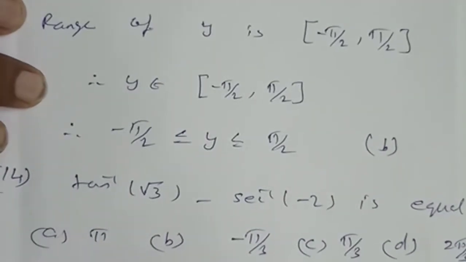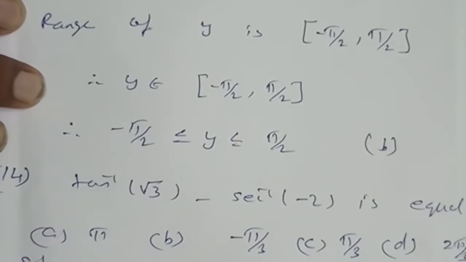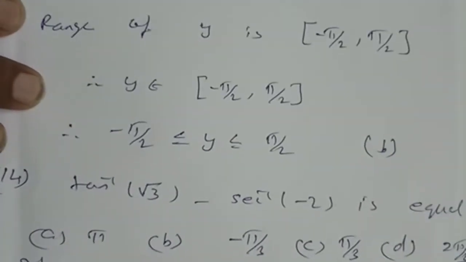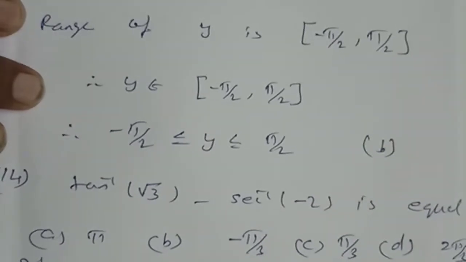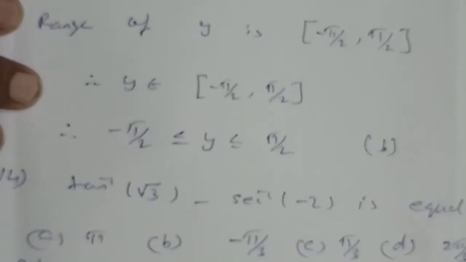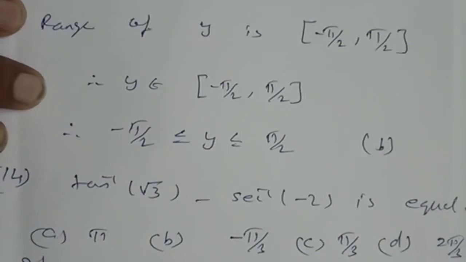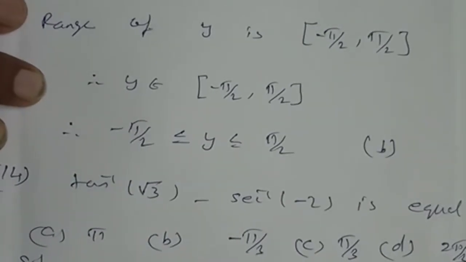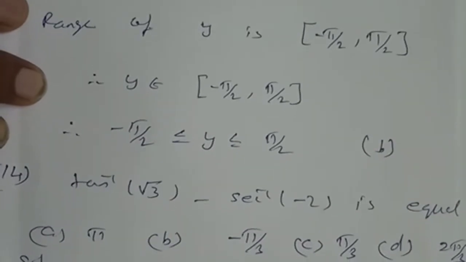Here let tan inverse root 3 be equal to x. So tan x is equal to root 3, which is tan pi by 3, which implies x is equal to pi by 3, which belongs to (minus pi by 2, pi by 2). Therefore tan inverse of root 3 is equal to pi by 3.